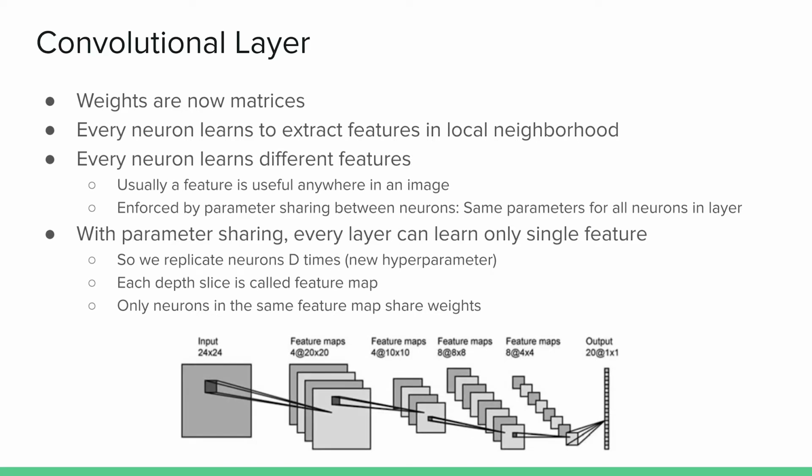So we have our input, which is a 24 by 24 grid. Then we extract features, and in this example we take 4 feature maps. We replicate this, and then we process it and eventually maybe get smaller with the image size, but have more relevant features that we extract.